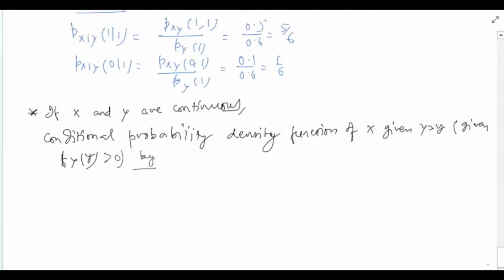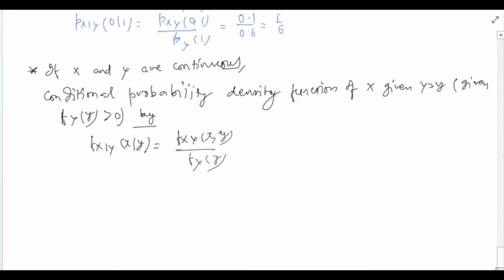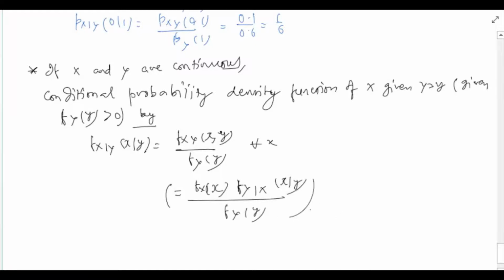This is defined by f_{X|Y}(x|y) equal to the joint probability density function f_{XY}(x,y) divided by the marginal probability density function of Y. Again, using Bayes rule, it can be seen that the right hand side expression here equals f_X(x) f_{Y|X}(y|x) divided by f_Y(y). So here what we have used is the density version of Bayes rule.